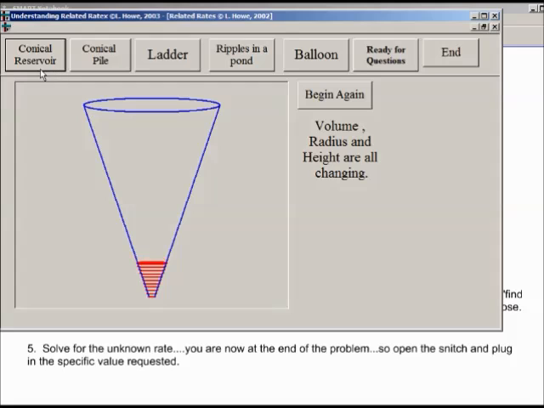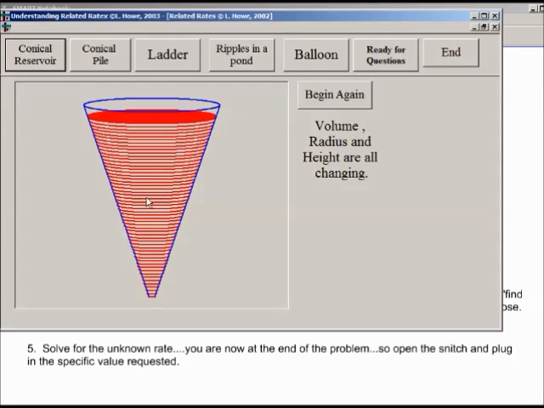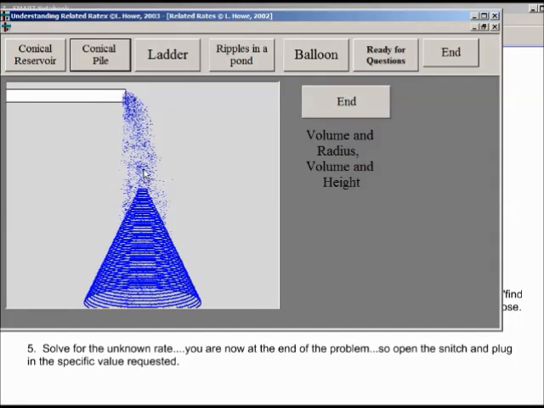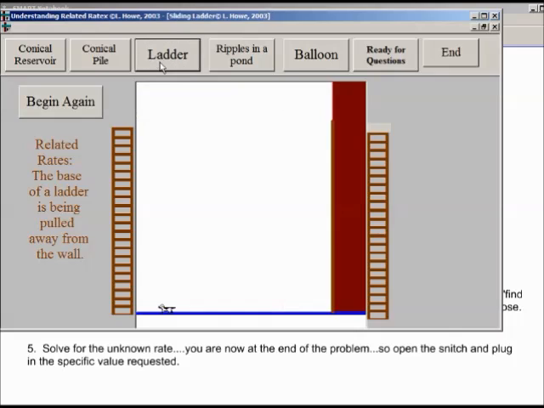These are typical scenarios. You see water going out of a conical tank, or you see a pile of a cone being created, or you see a ladder sliding down a wall.